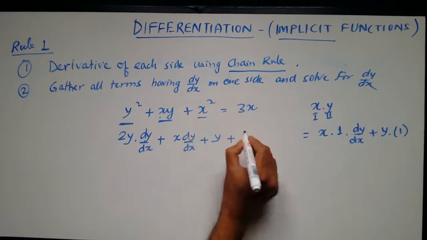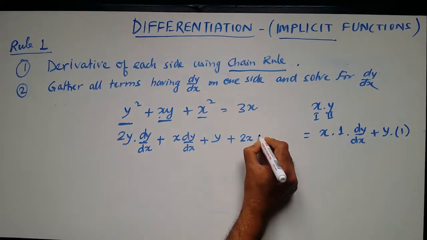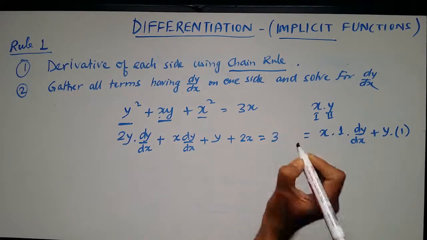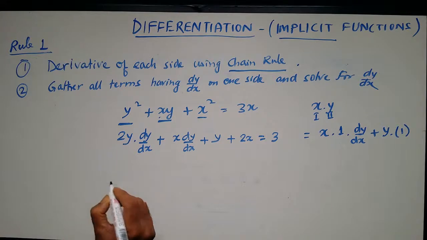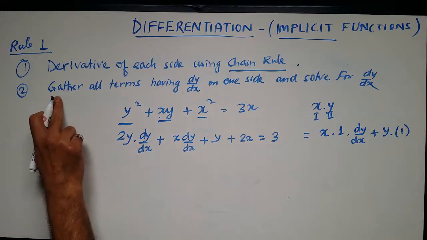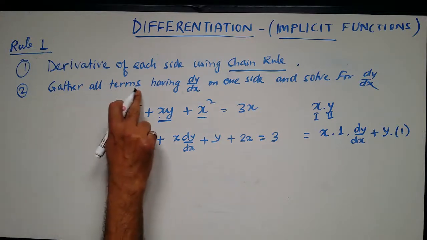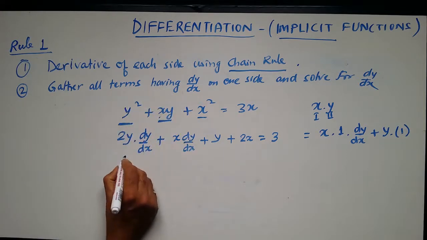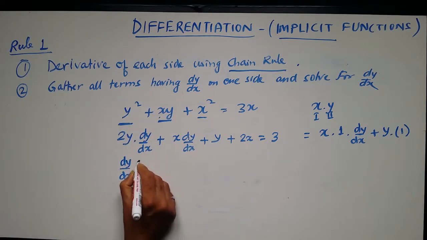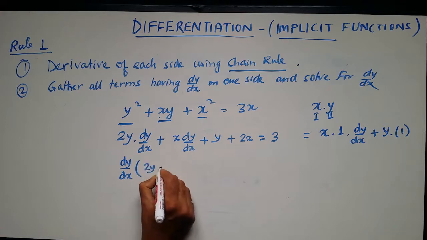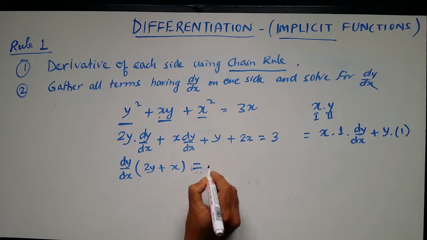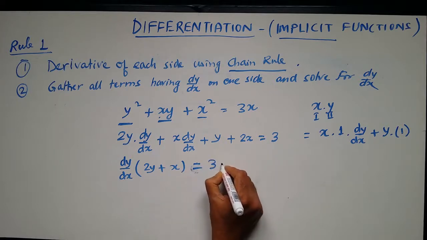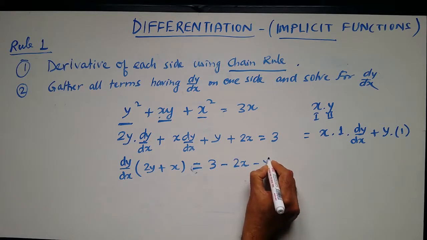Now we know that the derivative of x squared is 2x and the derivative of 3x is 3. The second step says gather all the terms having dy by dx. We have two terms having dy by dx, so we will have 2y plus x, and we'll take all the other terms on the other side, so this will be 3 minus 2x minus y.